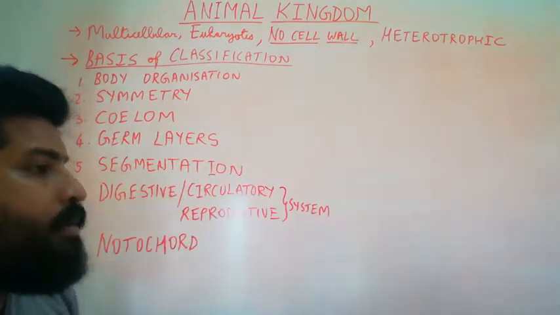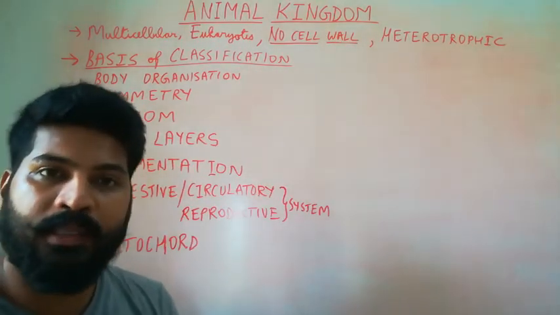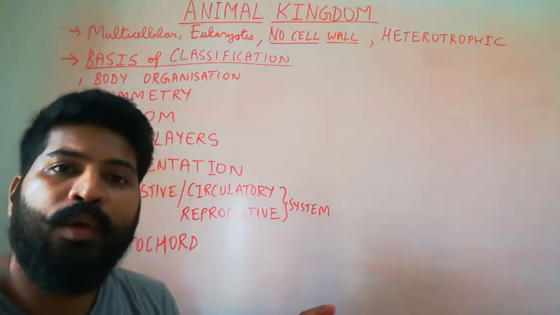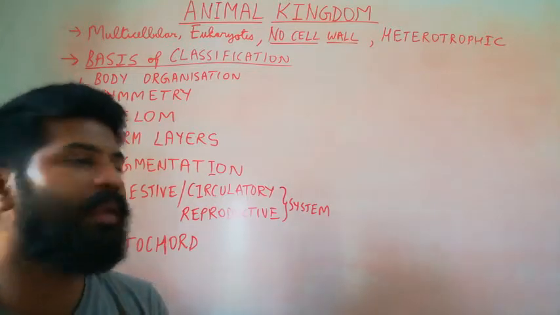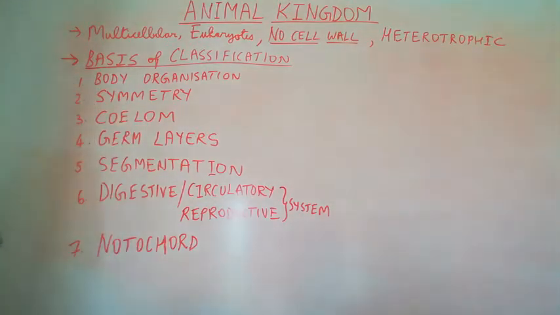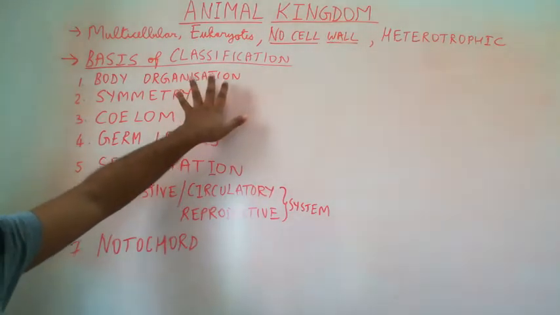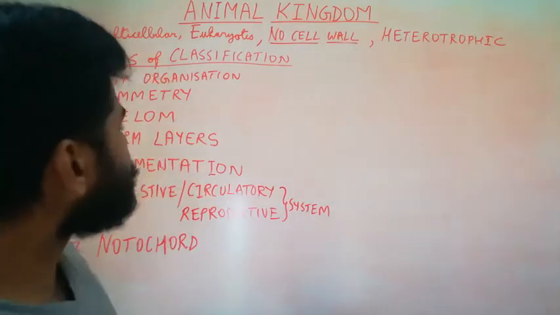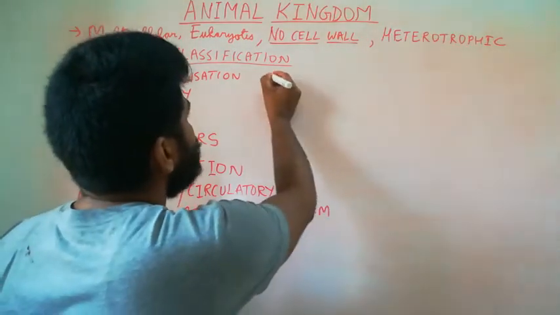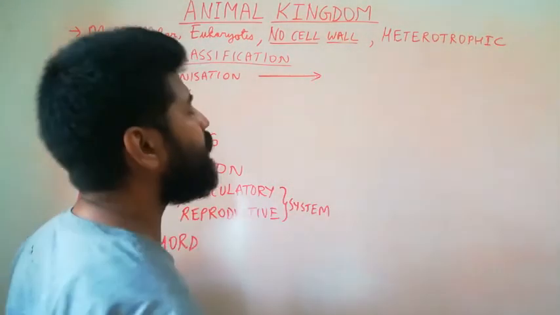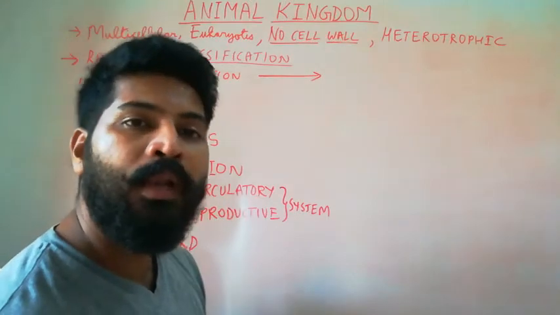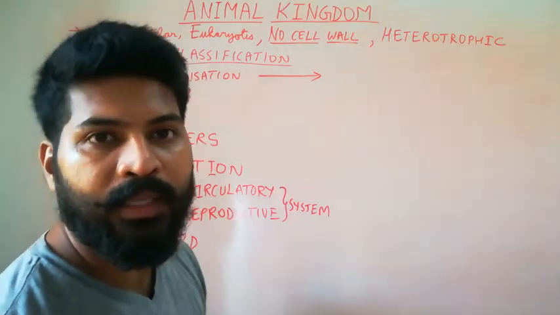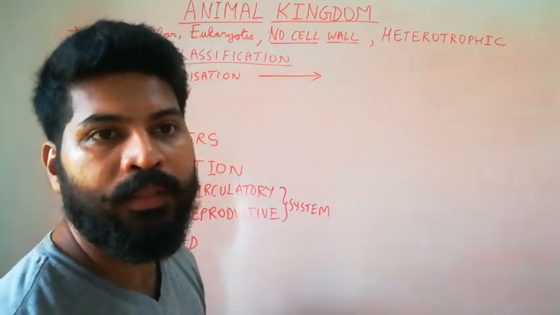So what are these body patterns that are exhibited in most of the animals? Firstly, let us look at point number 1, that is body organization. As you know, animals are all multicellular. They are made up of more than one cell.